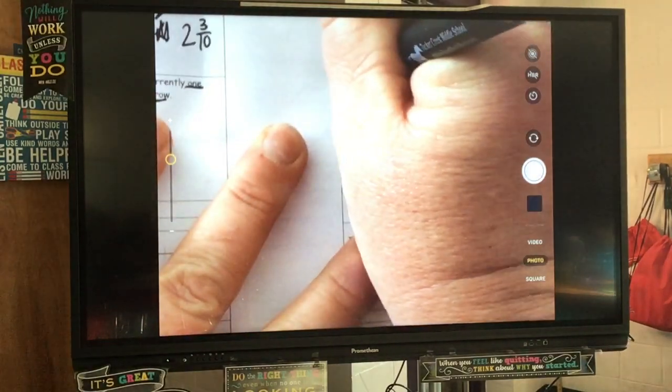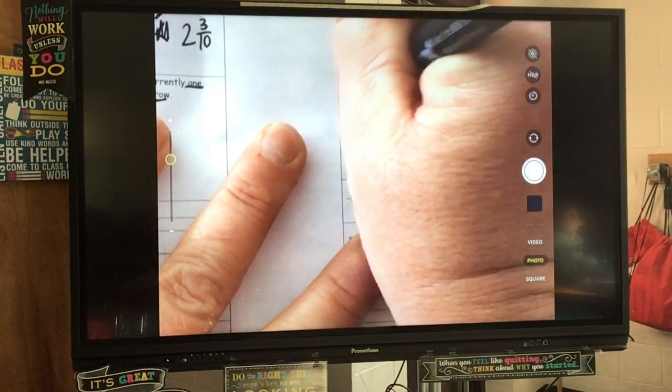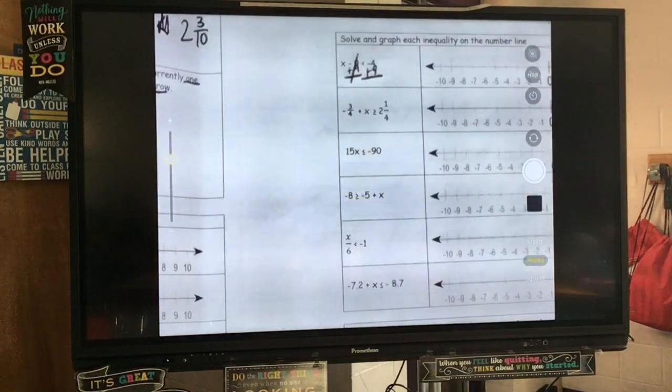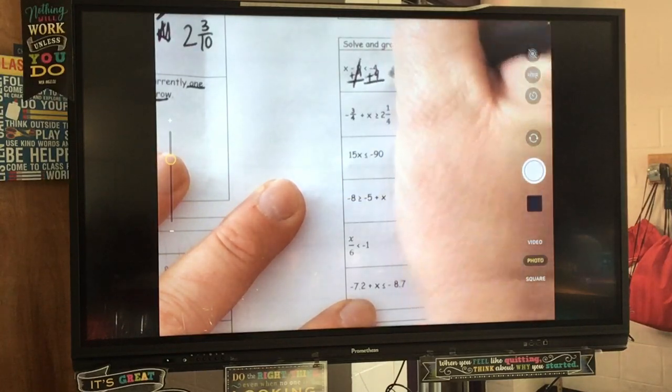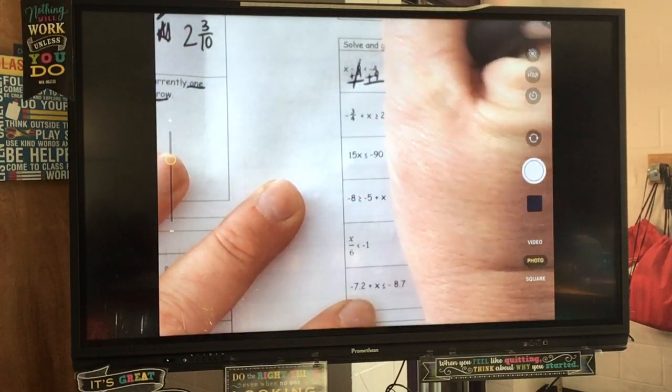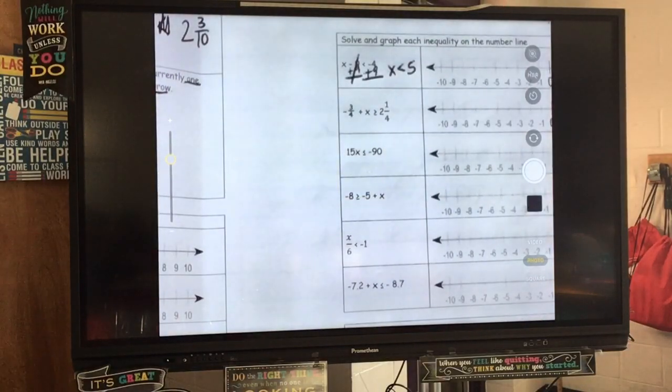I'm going to add 9 here, that cancels out, and add 9 here. This is why we're doing this together, because negative numbers are not fun. So this becomes x is less than 5. The reason it's positive is because your positive number is bigger than your negative number, so you just end up doing subtraction there.